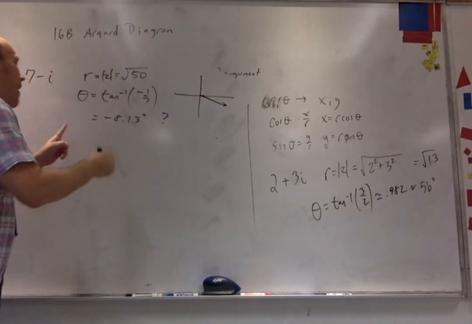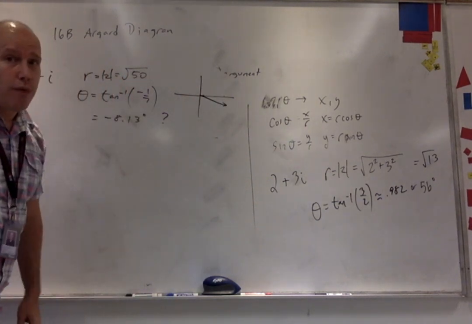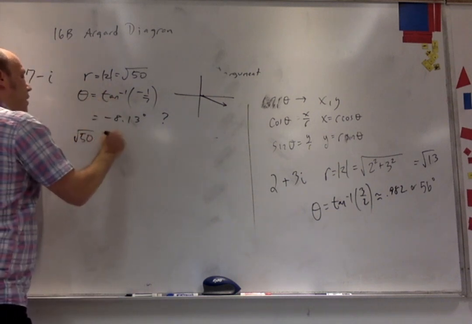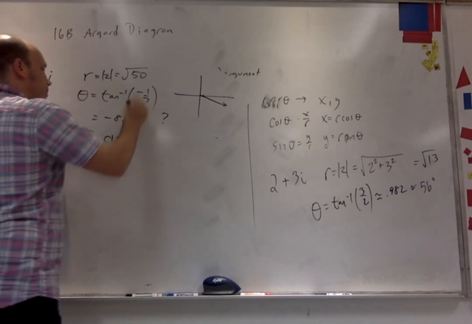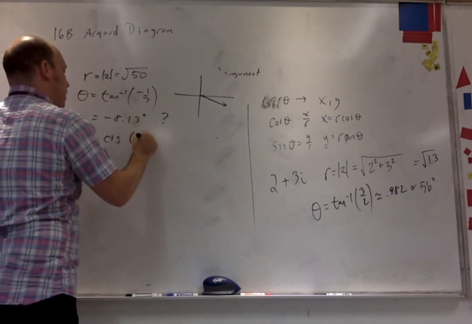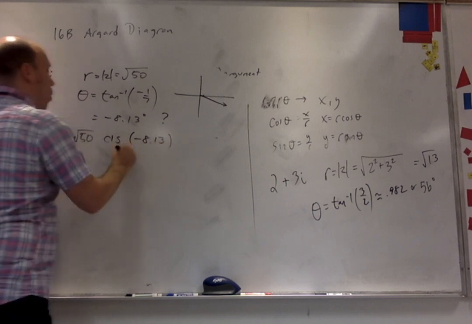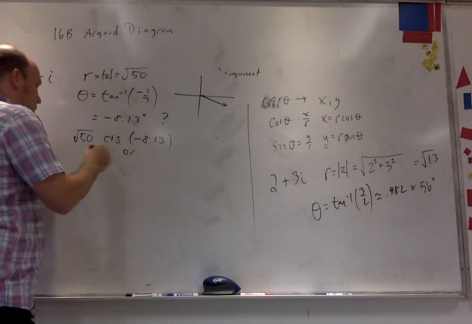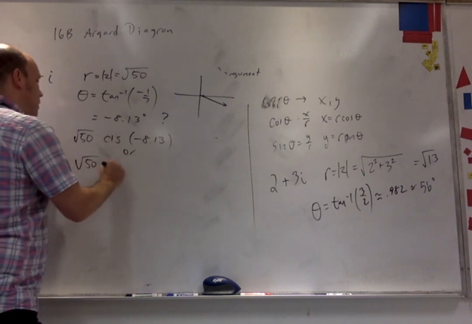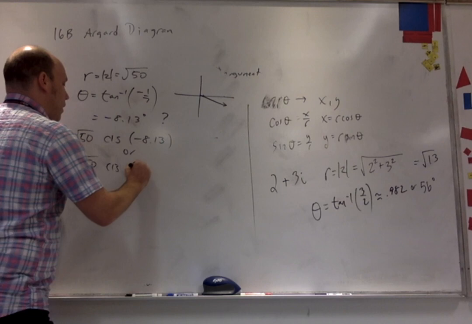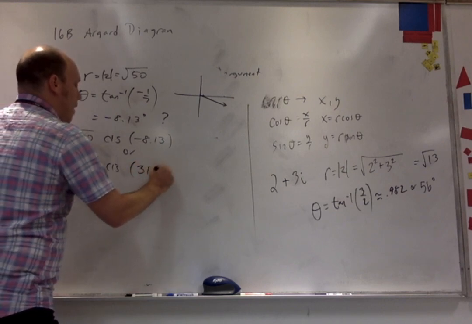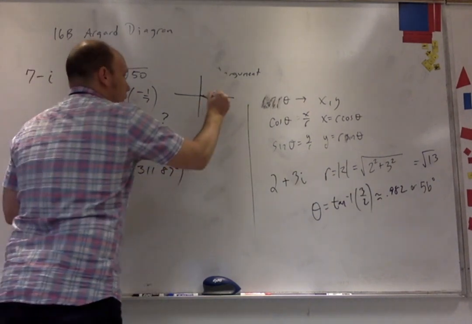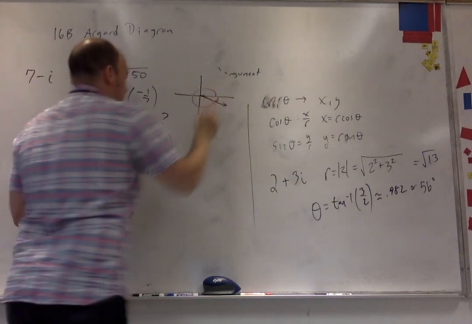I'm assuming you recall this a little bit from last week, you can write this as radical 50 cis negative 8.13, or if you wanted to use 0 to 360 degrees, you would write radical 50 cis 351.87 degrees. So either you can represent it this way or this way. It's up to you, it doesn't matter.